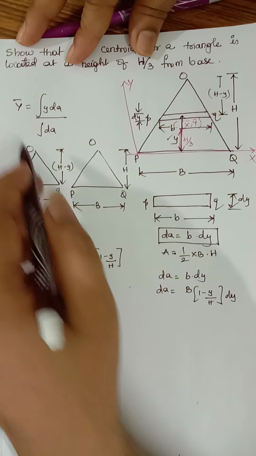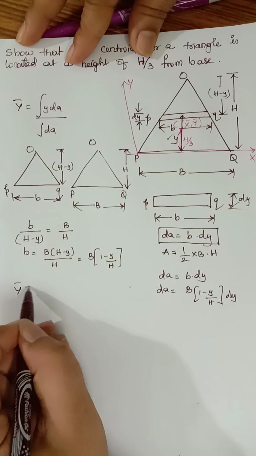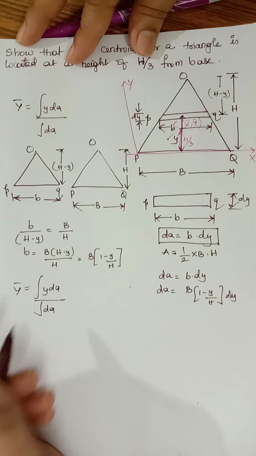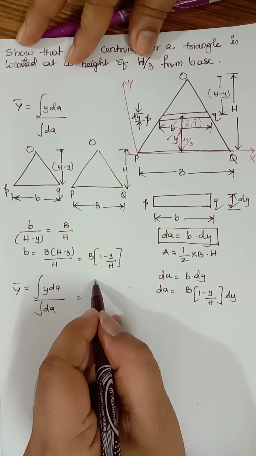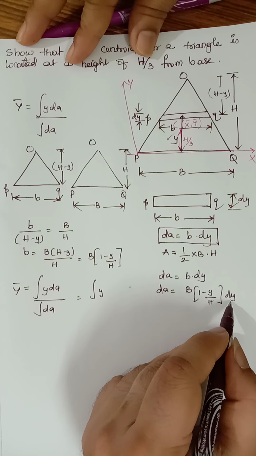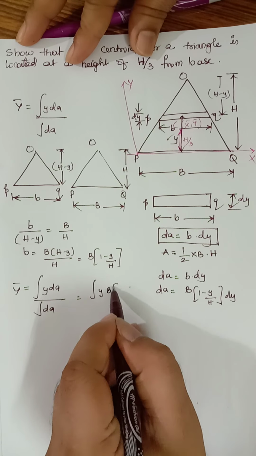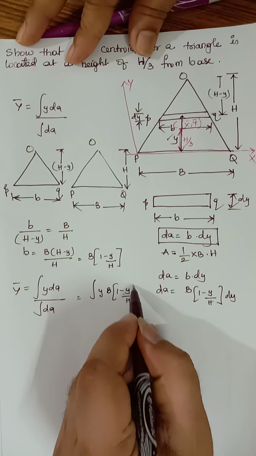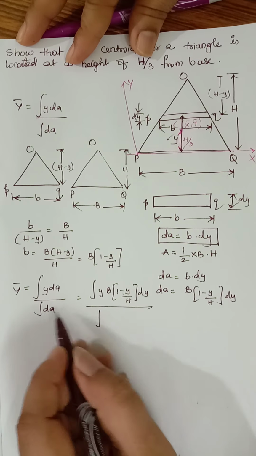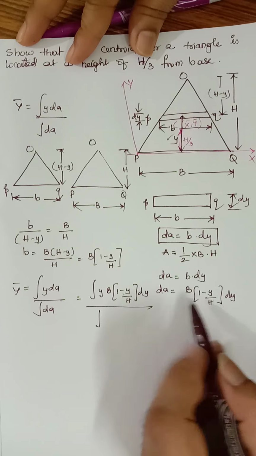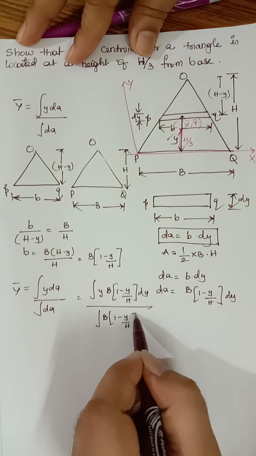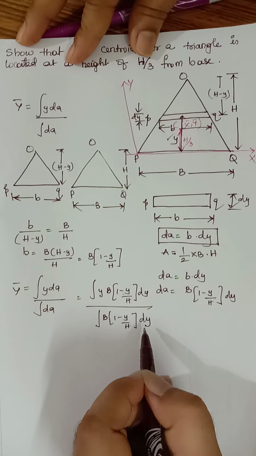Coming back to the original formula, y bar is equal to integral of y dA by integral of dA. I can write this as integral of y times B into 1 minus y by h multiplied by dy, divided by integral of B into 1 minus y by h into dy.